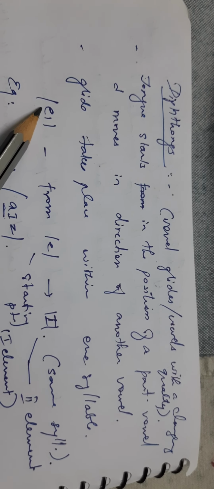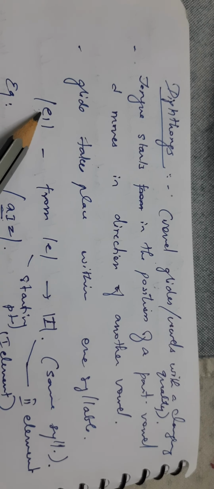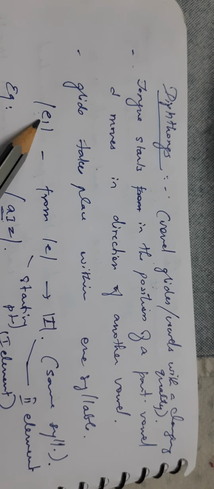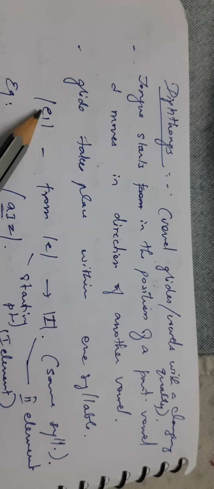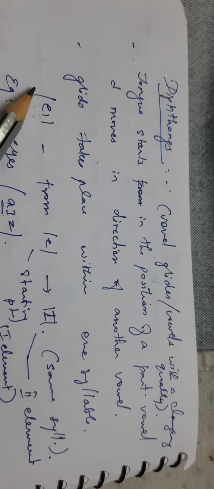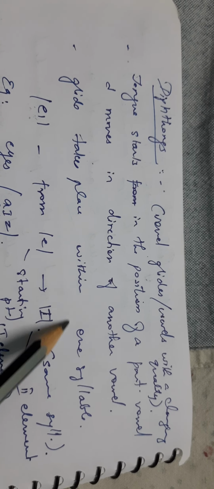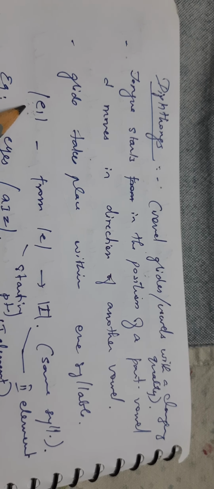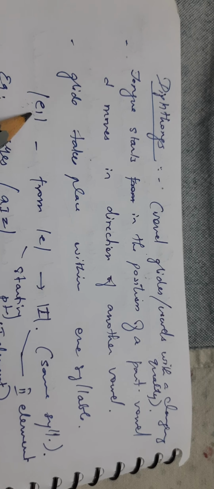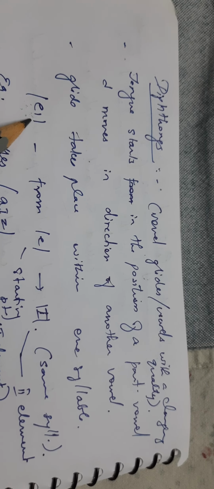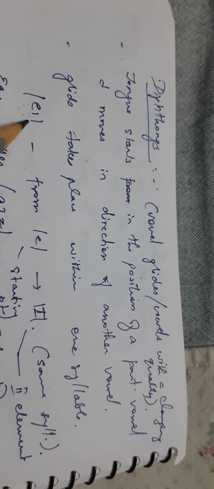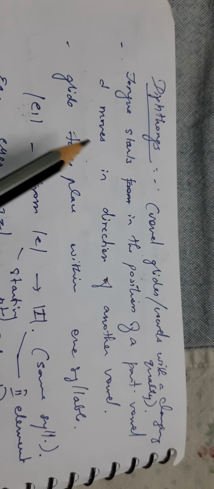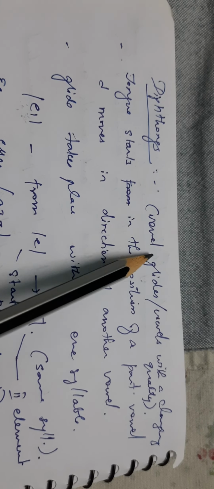So this is a monophthong A, and this is another monophthong E. These two monophthongs, when they come together within one syllable, become a diphthong. Clear? So A, E, together it becomes A. And this is a sound under diphthongs or vowel glides.